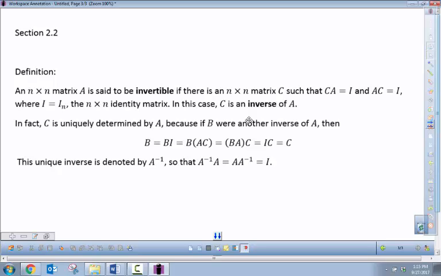If you have a matrix A that's an n by n, it's called invertible if you can find another matrix C so that if you multiply A times C or C times A, in any order, you're going to get the identity matrix. In this case, C is called the inverse. Now, we're not going to call it C anymore because the notation that we have for inverse is A with a -1 power.